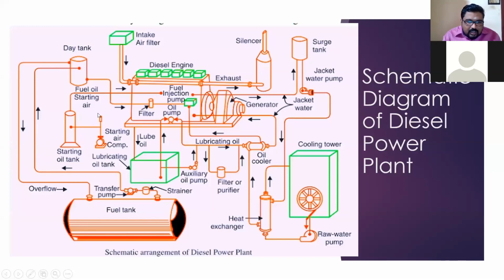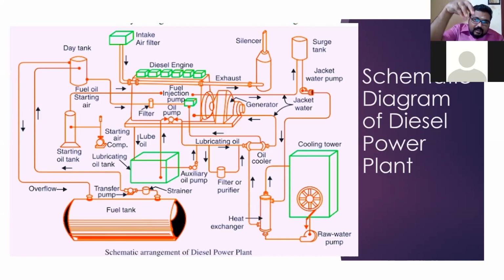Okay, so this is a starting air compressor, and that compressed air will be stored over here and transferred to your engine cylinders. Initially, the compressed air will be filled inside your piston-cylinder arrangement when the piston is moving downwards.